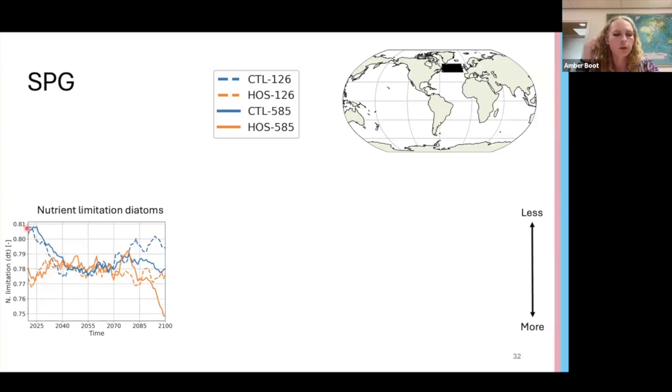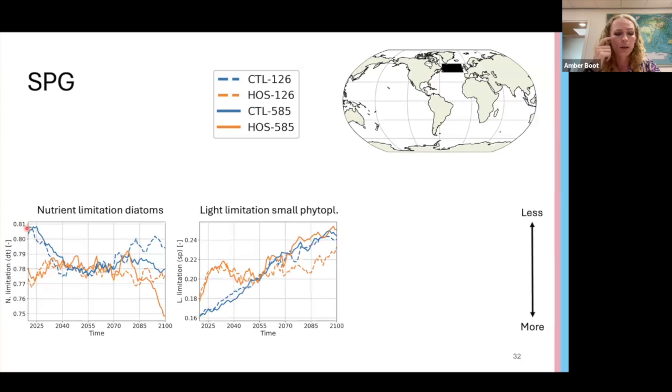We see a reduction in nutrients, and that causes the production of diatoms to decrease. Just like in the subtropical region, when we get a decrease in diatoms, the diet limitation for small phytoplankton is lifted. So they are able to profit from the fewer diatoms in the ocean and outcompete them.